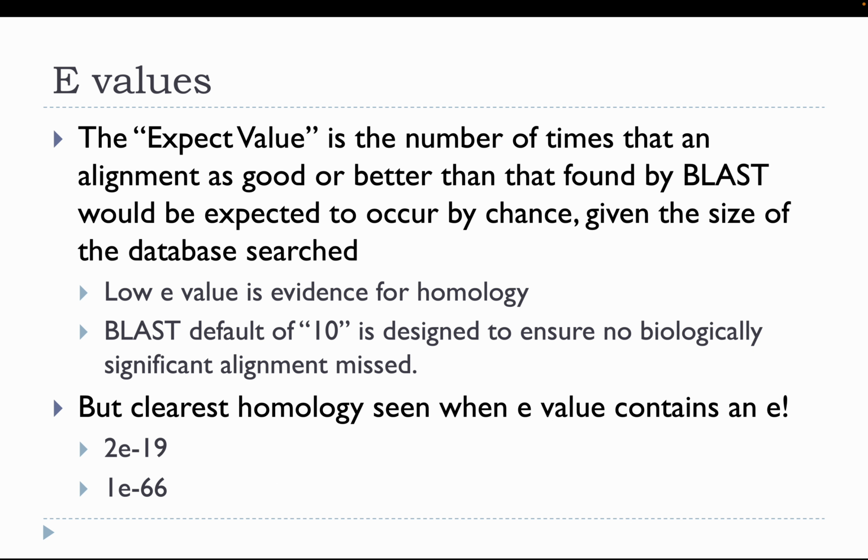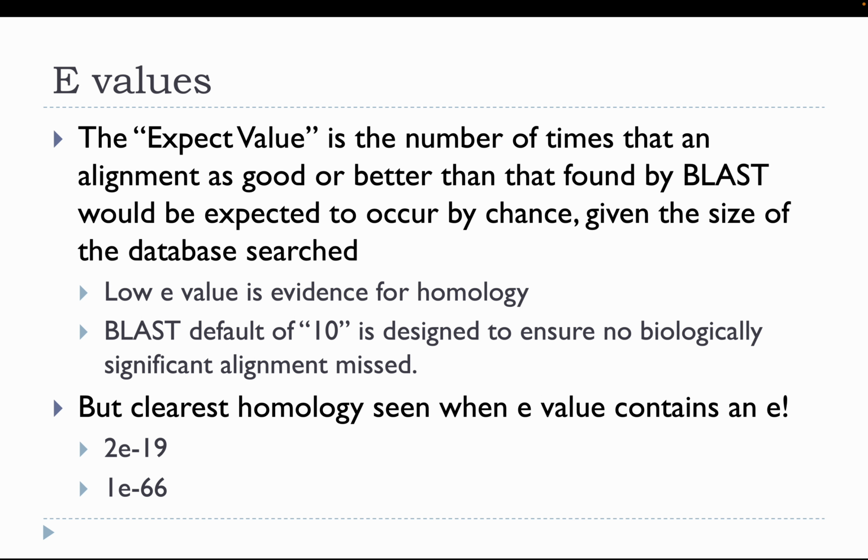That's a very, very flabby E value. That will give you all sorts of stuff that's probably not significant. The clearest evidence that you've got homology is when the E value contains an E. So it's framed as 2E-19, which means 2 times 10 to the minus 19. And so if you've got that E in there, that generally means this is homologous.